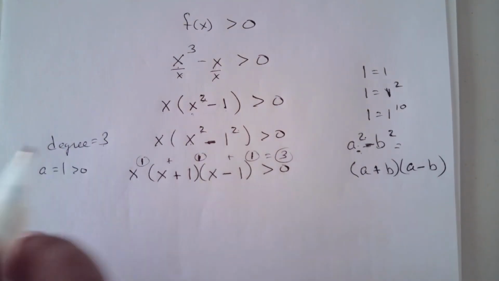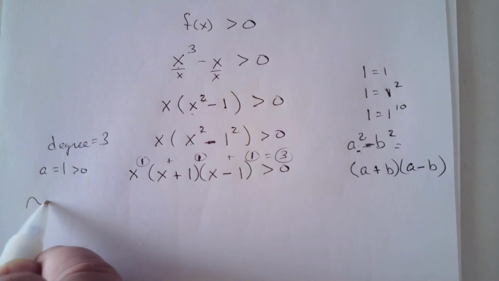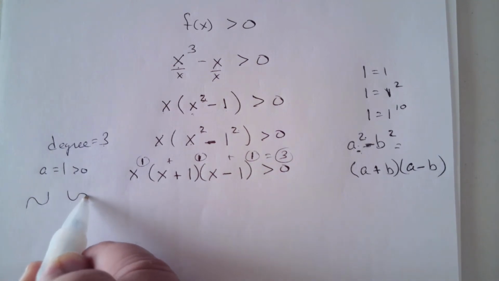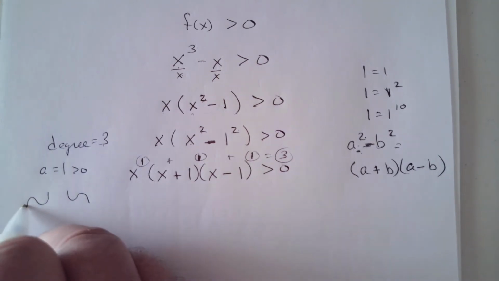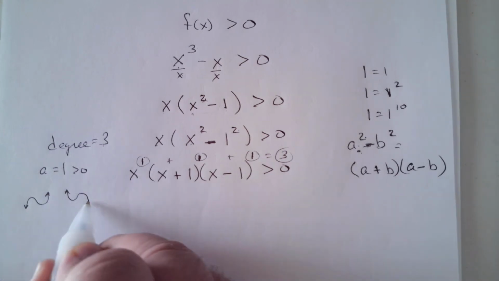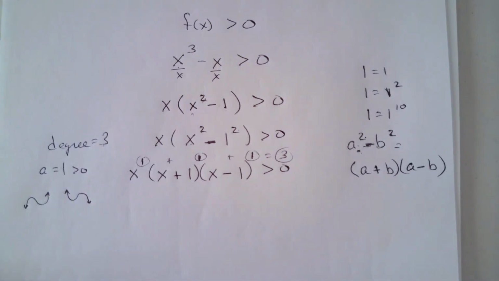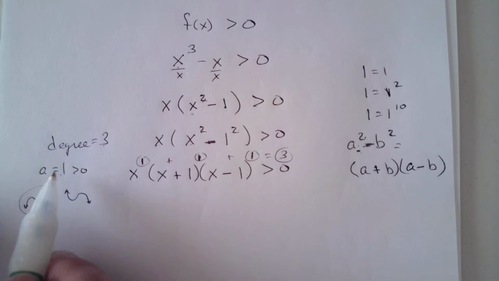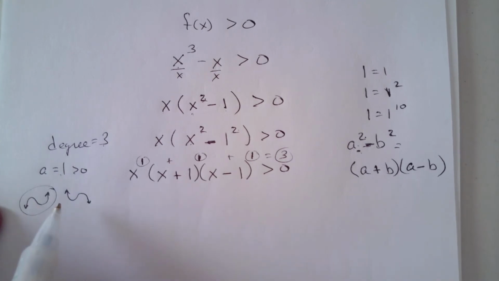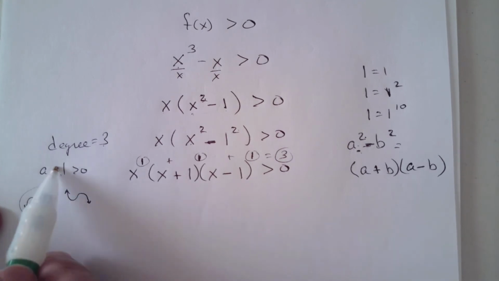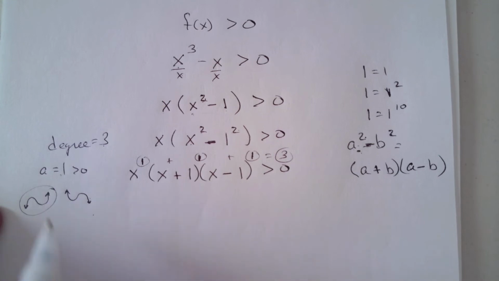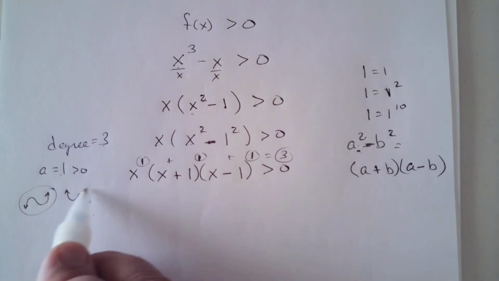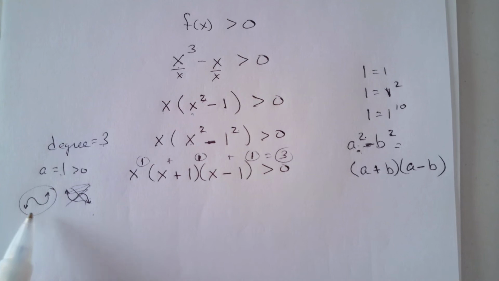Remember, a third order equation looks like this, or like this. In other words, the ends go different directions. Since A is positive, look at the far right-hand side. If it's going up, it's positive. If it's going down, it's negative. So we want this one. Our graph's going to look like this.